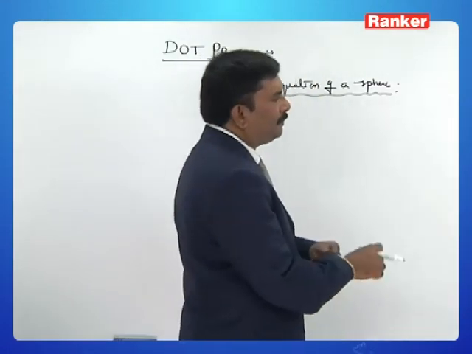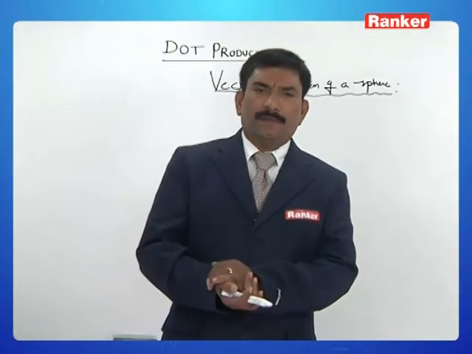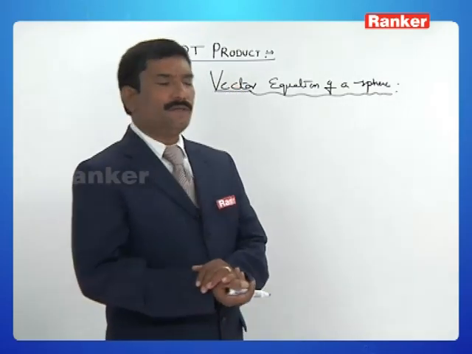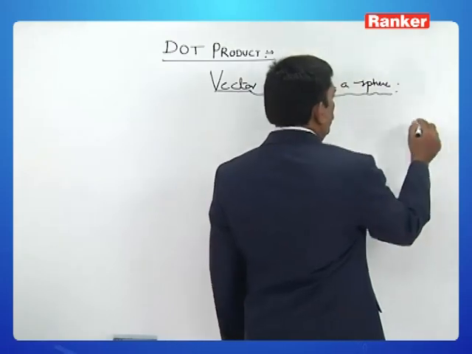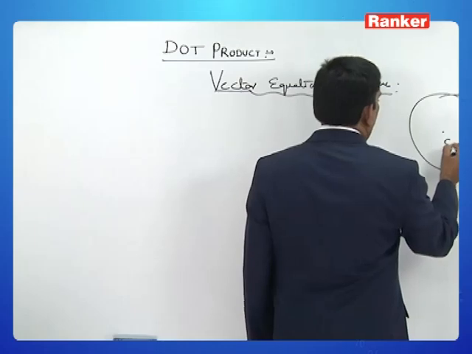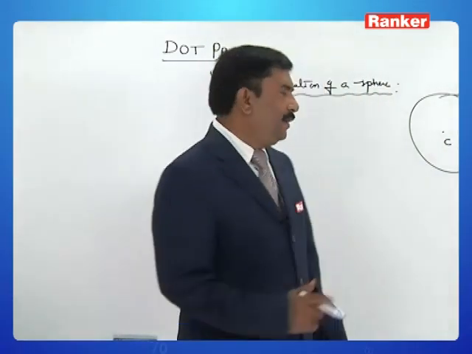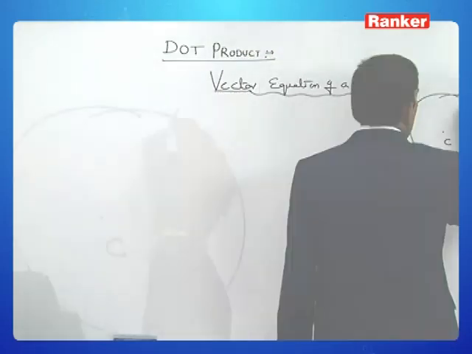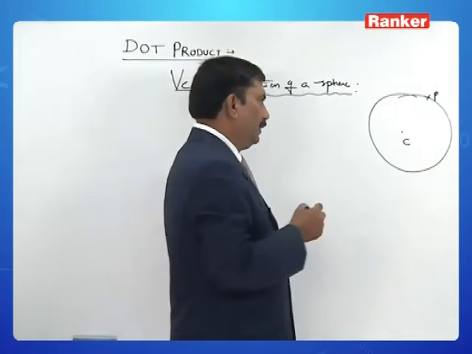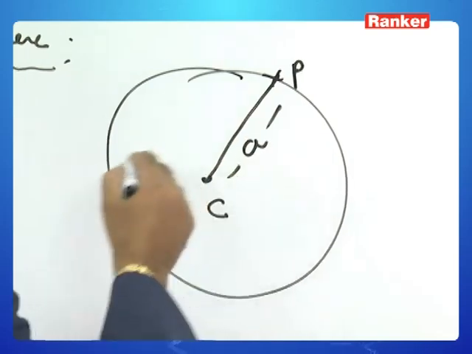Now look here, a sphere is a 3D concept, a circle is a 2D concept. Now here also let S be a sphere, and C be a fixed point in space, and P be the moving point such that the distance from the point P to C remains constant.